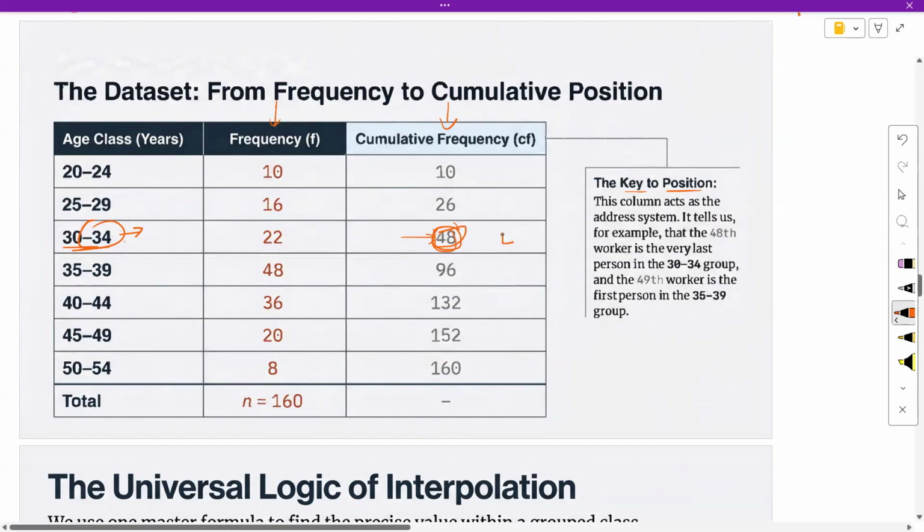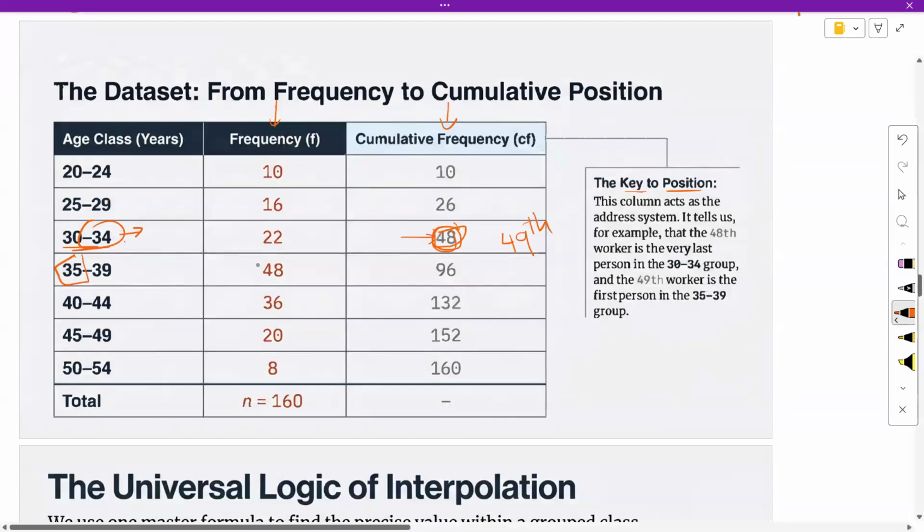Then if I ask, what is the age of the 49th person? What's the age? 35, only 35.